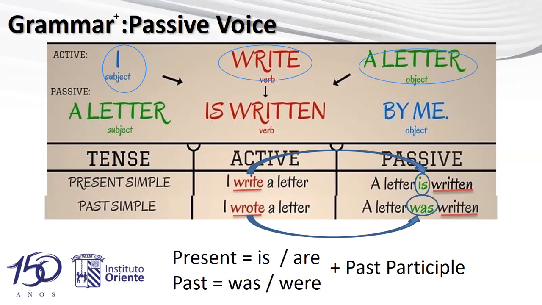Now, observe the order. Active: subject, verb, and object. Now, but what happens with the passive? The order is different. Pay attention to the order. We have first another, is, because the verb is in present, a past participle, in this case of the verb write, and by me.